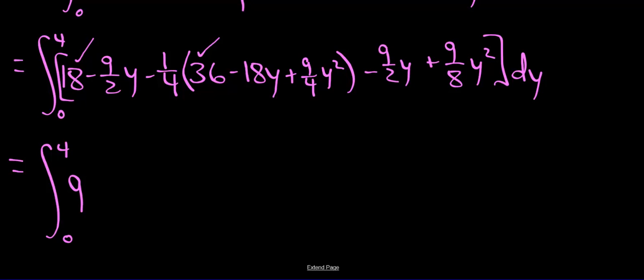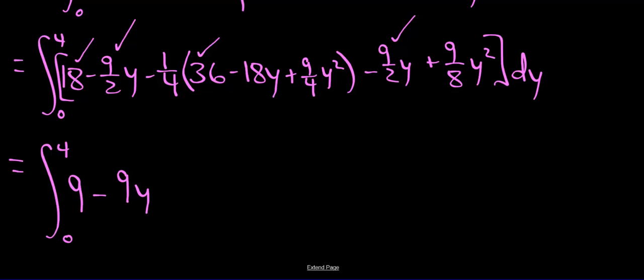Okay, got that right. Now I've got minus 9 halves y and another minus 9 halves y, so that's minus 18 halves y, so that's minus 9y, isn't it?